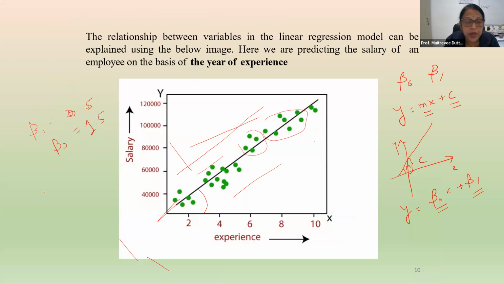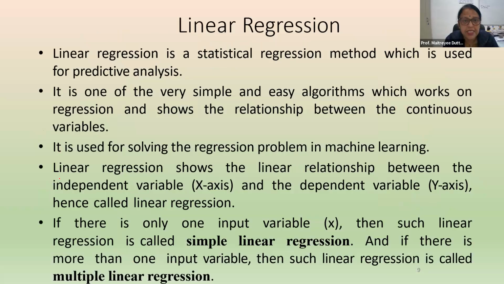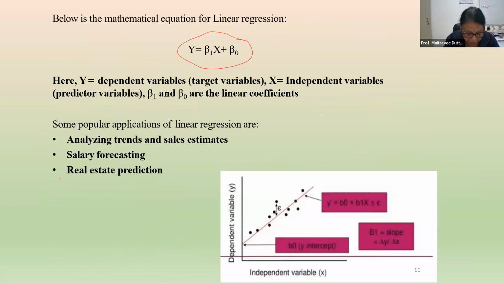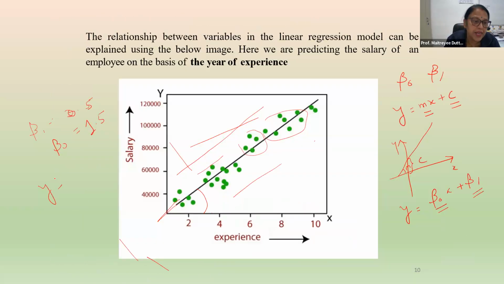So our equation is y is equal to beta 1 x plus beta naught. That means y will be 0.5x plus 1.5.